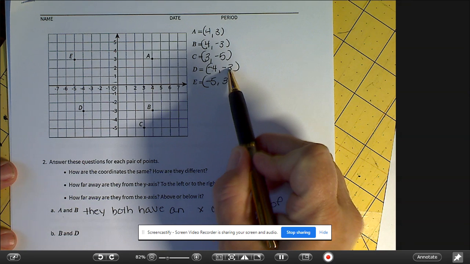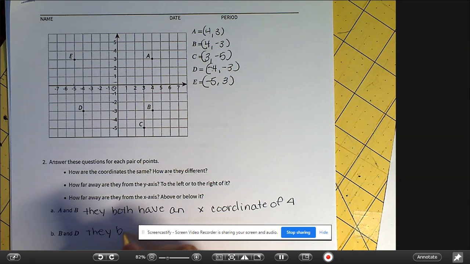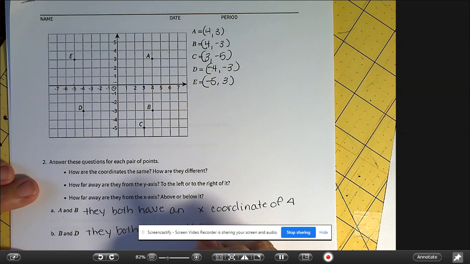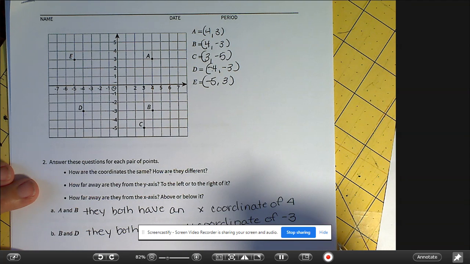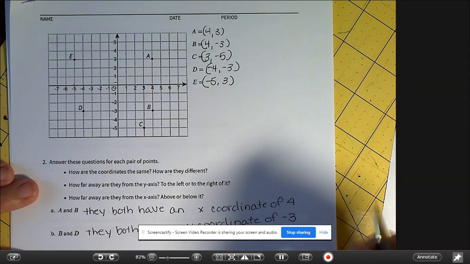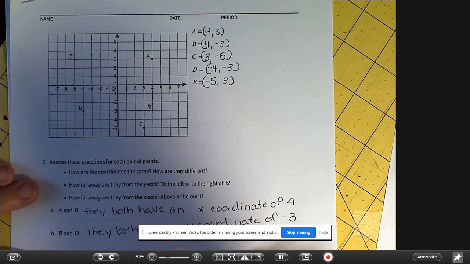They both have a y coordinate of negative 3. And what about A and D? They both have a y coordinate of positive 3.